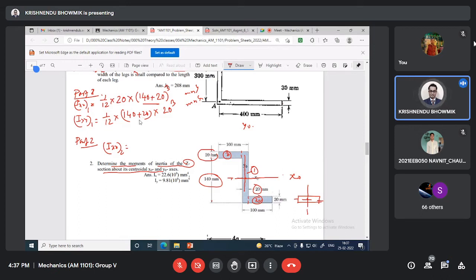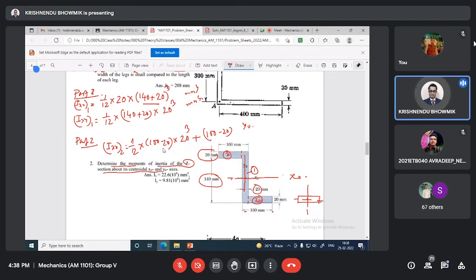So this will be 1 by 12 multiplied by base, Ixx, correct? Base will be 100 minus 20. This is 100 and this is 20. Base multiplied by height cube, 20 cube, that is with respect to its own centroid, plus A d squared. What is the area? 100 minus 20.